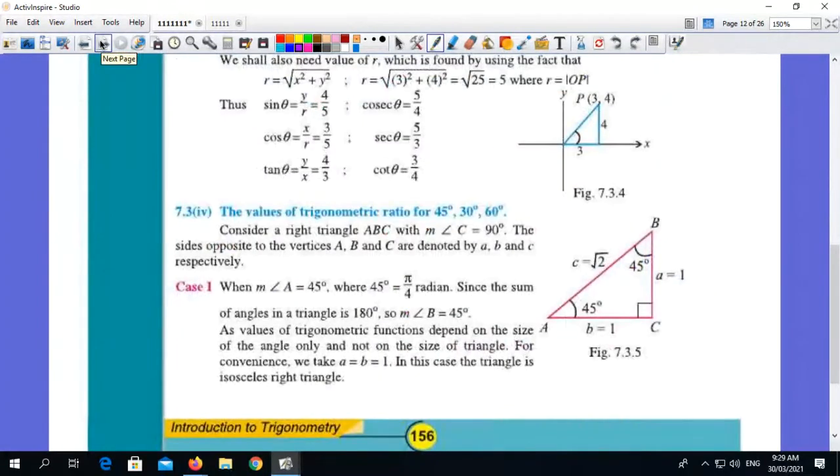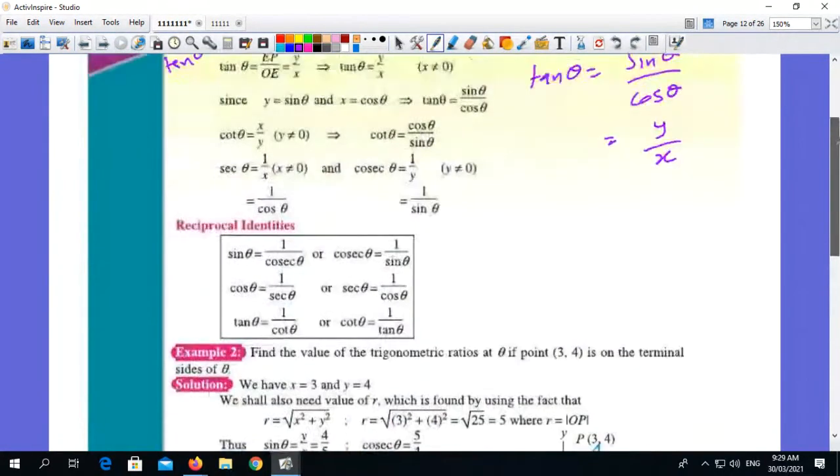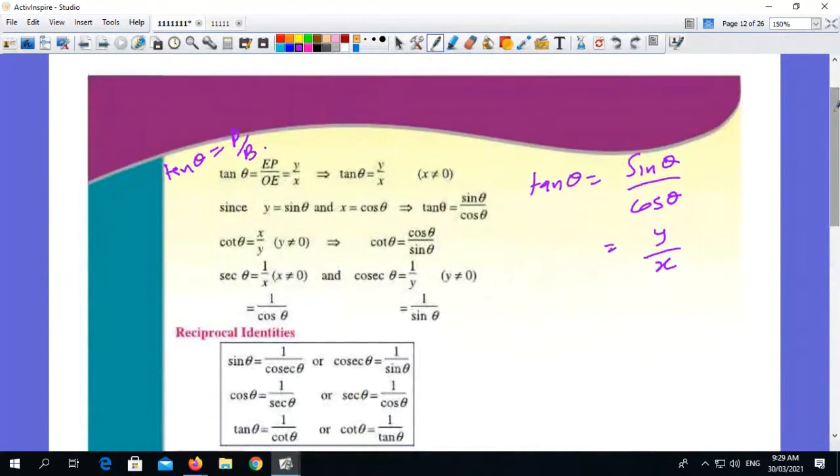So tan theta equals EP by OE, which is Y by X. Tan theta is equal to Y by X.